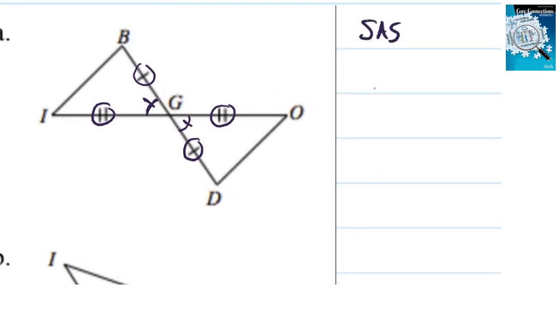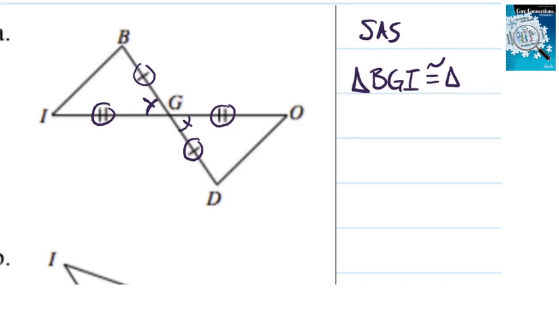The problem doesn't actually ask for this, but it would be a good idea for you to write down which triangles are congruent. So if I was to say triangle B, and then G, and then I, BGI, that is congruent to triangle, well, I hope you can see it.